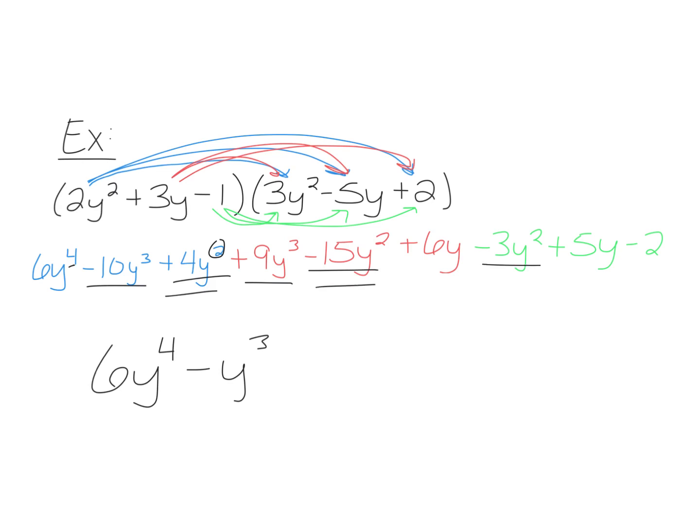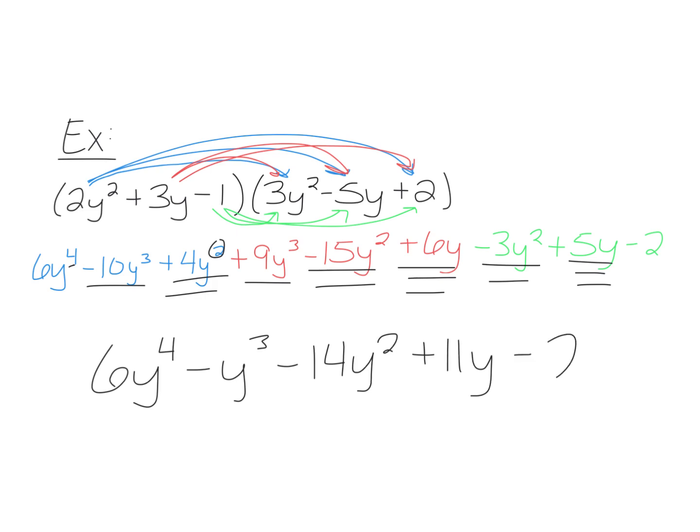What's our new squared value? Negative 14y squared. And then our y's, we have 11y. And then what do I do with this negative 2? Yep. Does everyone agree? Yeah? So, process is long, but concept-wise, are we doing okay? Yeah? Okay, any questions before I let you work?